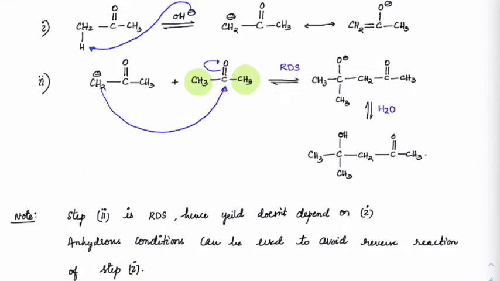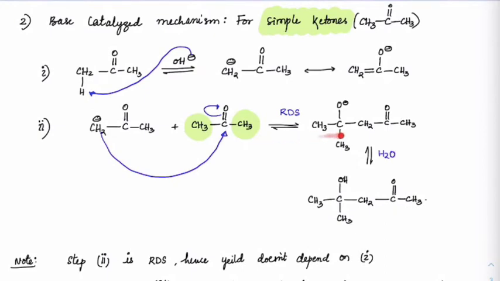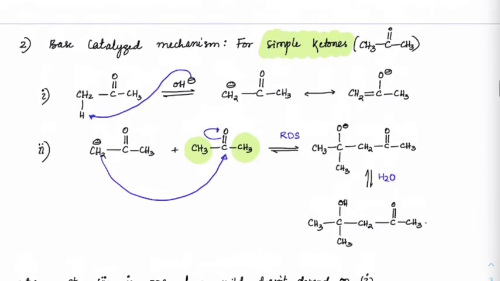And if you want to increase the yield and let it go more in the forward direction, try to take anhydrous conditions. So instead of OH minus and H2O, maybe I will take pure OH minus or some solid form like solid barium hydroxide. That itself will be added to the solution of ketone and will serve the purpose of pushing this reaction in the forward direction.